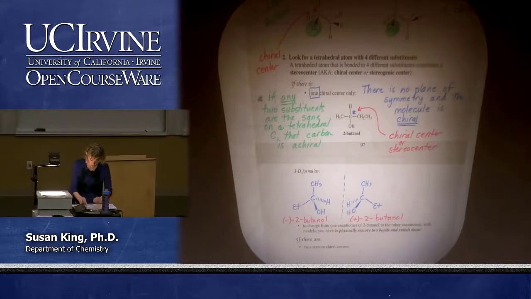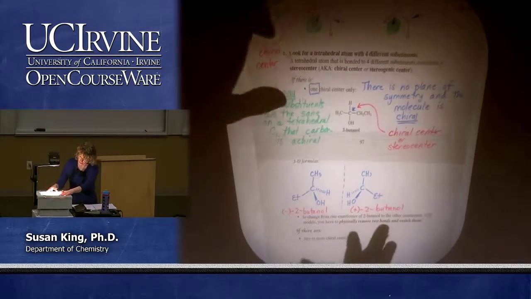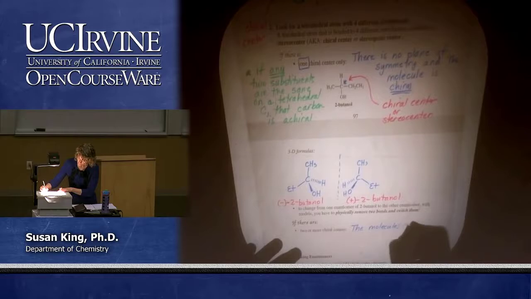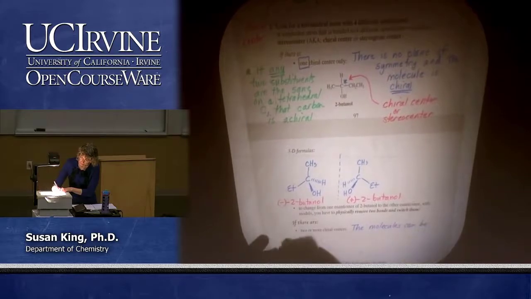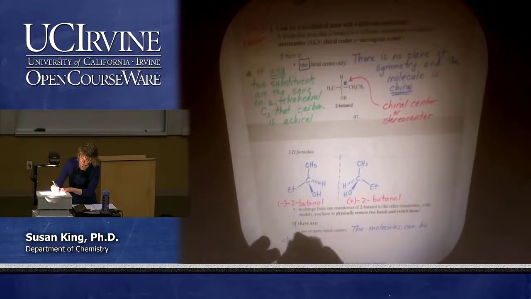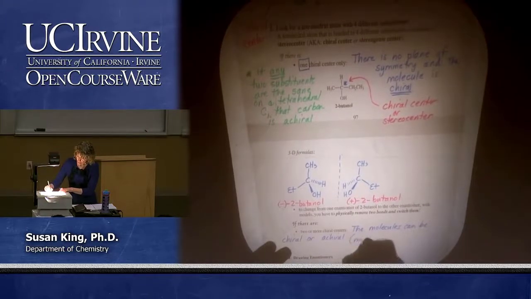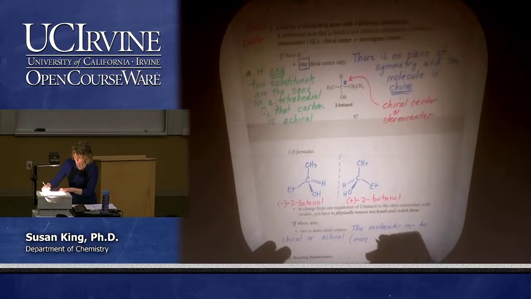If you have 2 or more chiral centers, the molecules can be chiral or achiral. We'll see examples of that. More at the end of the chapter, or just more later in the chapter.